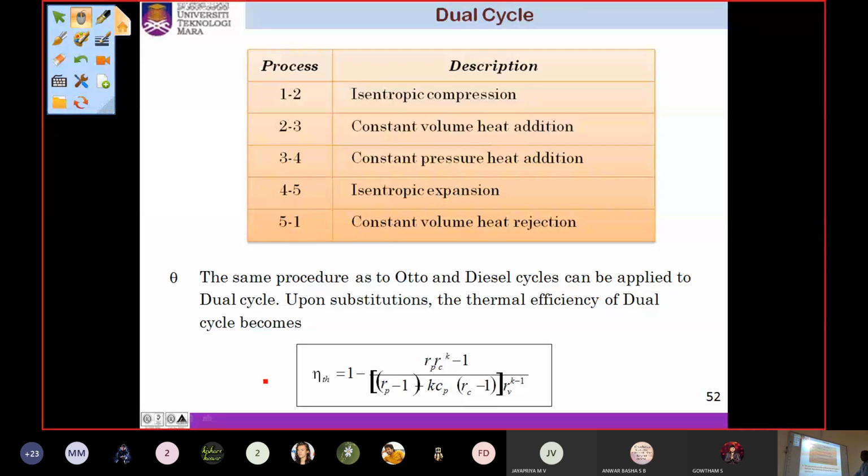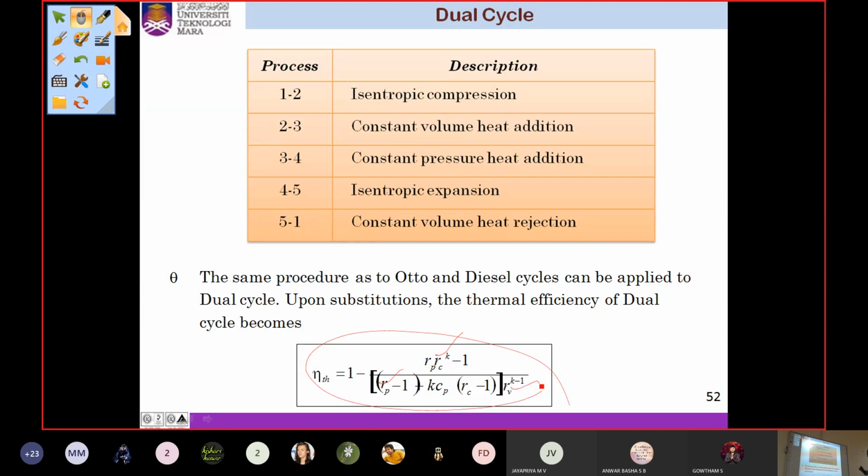If you derive the equation, finally we get the thermal efficiency of this dual cycle as 1 minus (Rp Rc^k minus 1) divided by ((Rp minus 1) plus k Rp (Rc minus 1)) times Rv^(k minus 1), where Rc is the cutoff ratio, Rp is the pressure ratio, and Rv is the compression ratio.